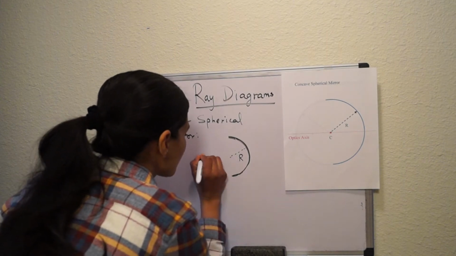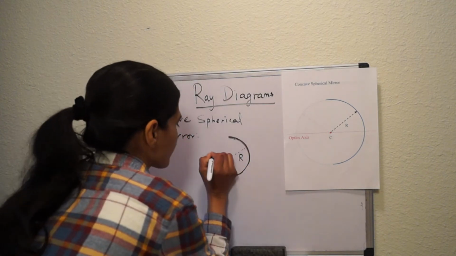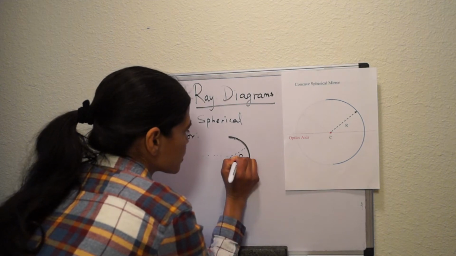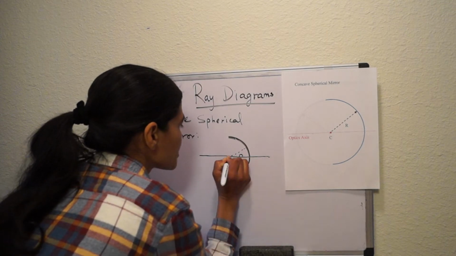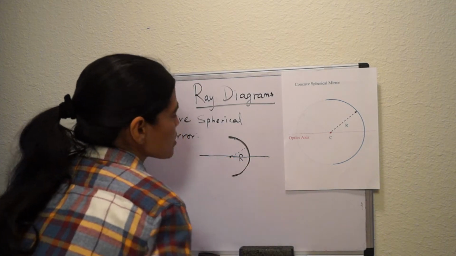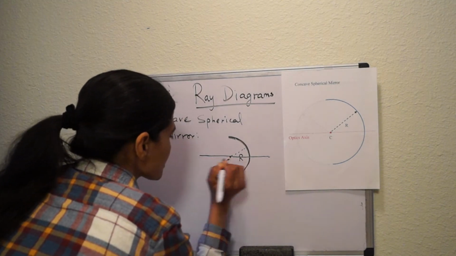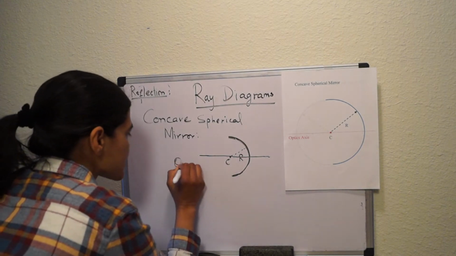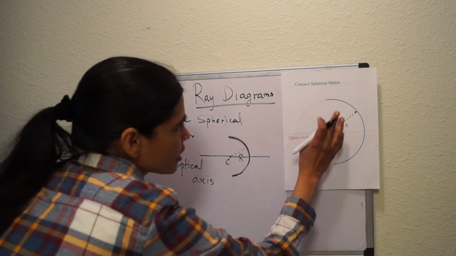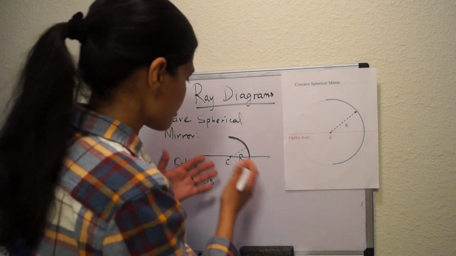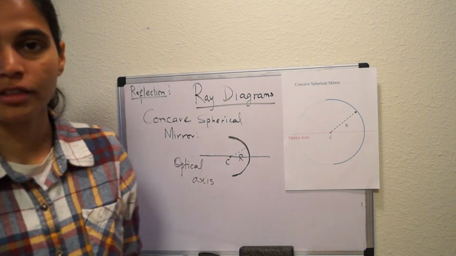Guys, make sure you start drawing this with me here. In theory I can just make this bigger like this. So we had our center over here, right? This meets at the center C, and this is called the optical axis. I'm just drawing this one over here so you guys can see how to draw the picture. Please make sure you take a minute and draw this one.